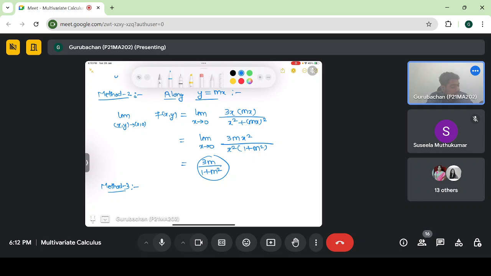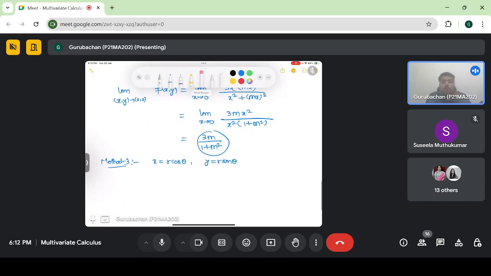Next, we can change into polar coordinates also, x equal to r cos theta, y equal to r sine theta. So in polar coordinates, this f(x,y) converts to the limit as r tends to 0 of 3 r cos theta, r sine theta divided by r cos theta whole square plus r sine theta whole square.